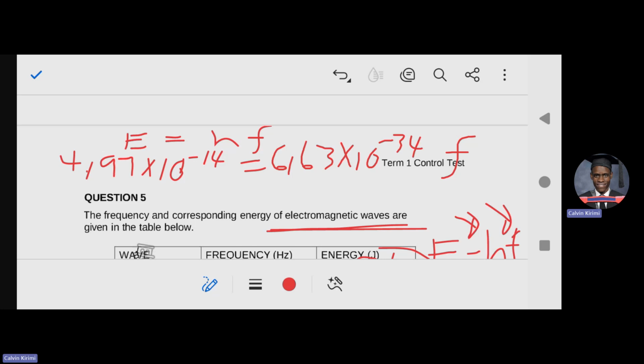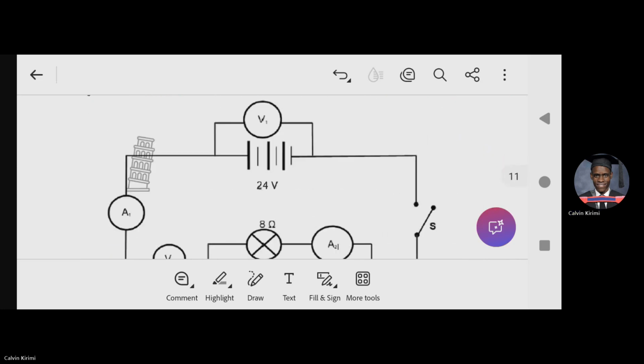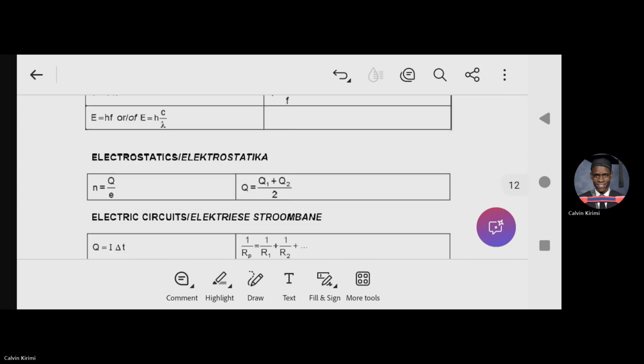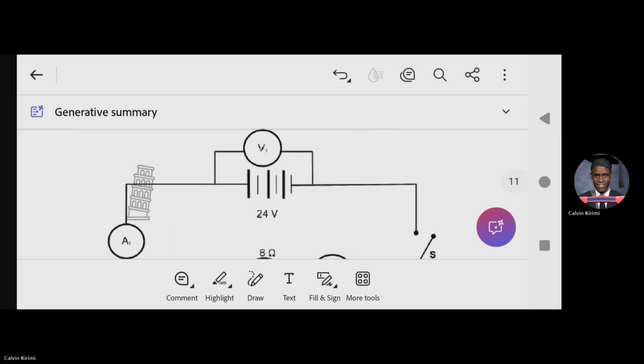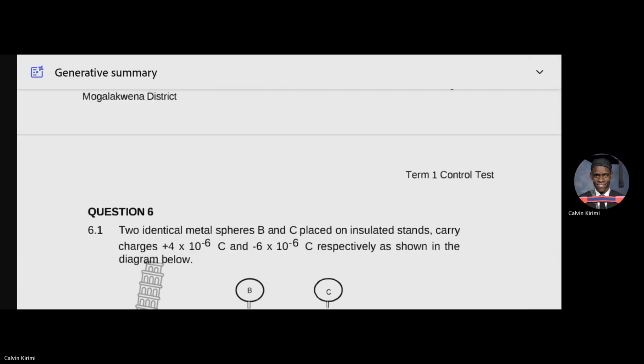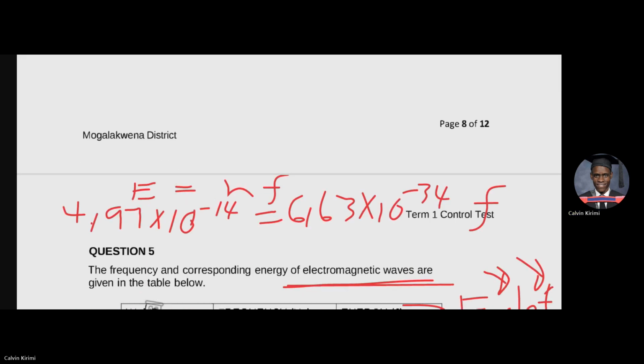Is it negative 34 or 24? 10 to the power negative 34. Yeah, correct. So let's punch. What are you getting?